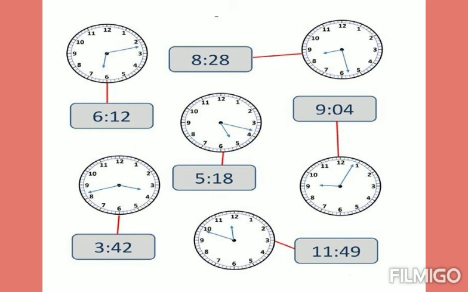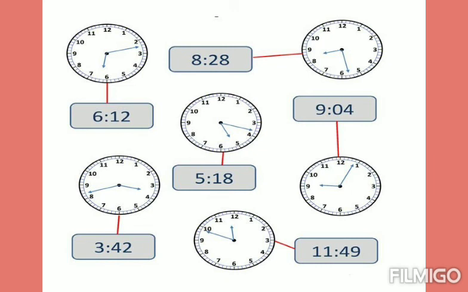Okay, the remaining also we can calculate, that is we can read it as 42 minutes after 3 o'clock, so to the exact 4 o'clock the remaining is 18 minutes. Am I right, children? So we can also read it as 18 minutes to 4.